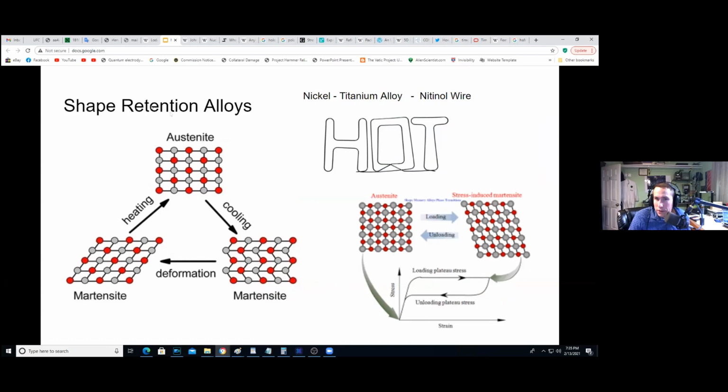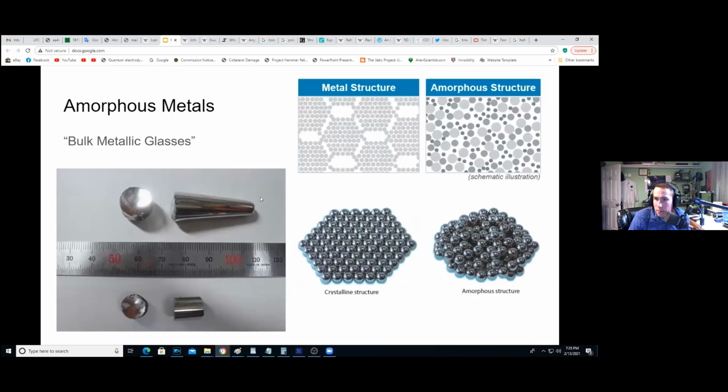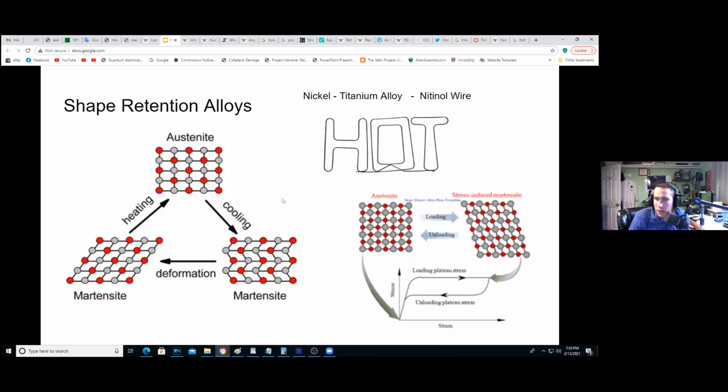So the next thing is shape retention alloys that I wanted to mention on here. Shape retention alloys are important because they can deform, and if you put it in hot water it will go back into shape. Like nitinol wire, you can deform it any which way, throw it into hot water and it goes back into shape.